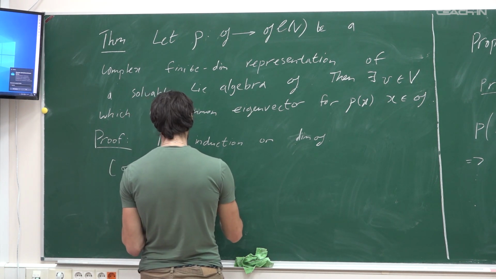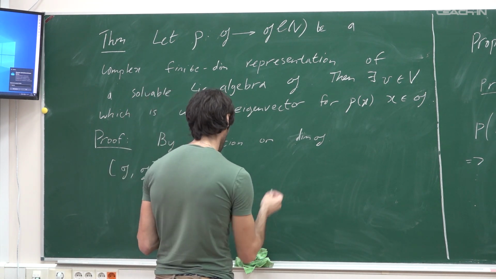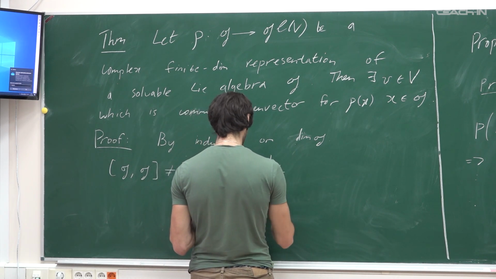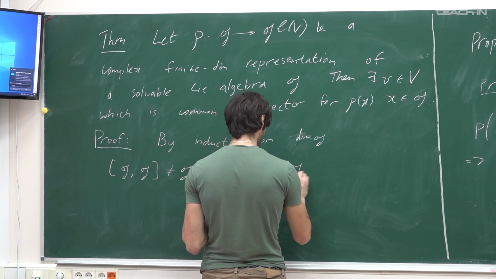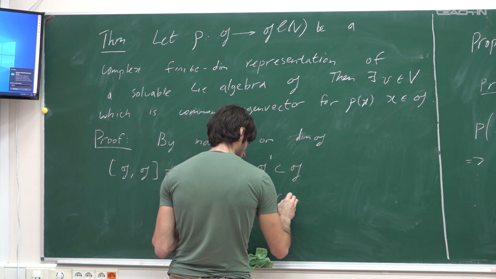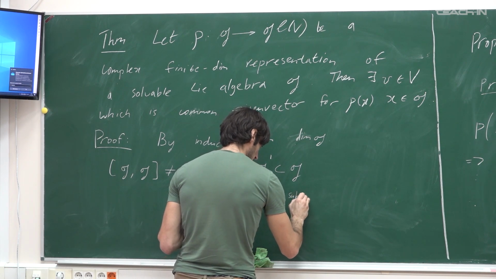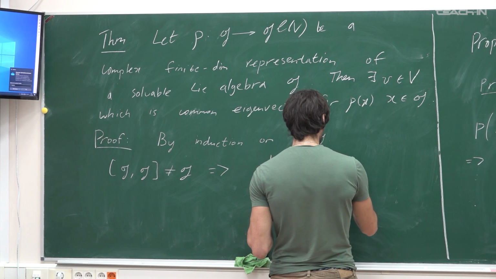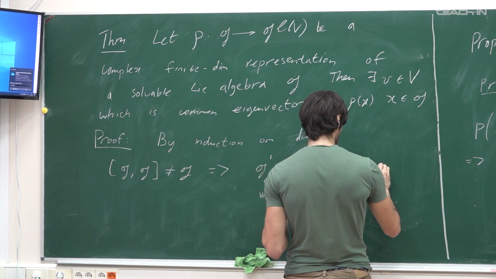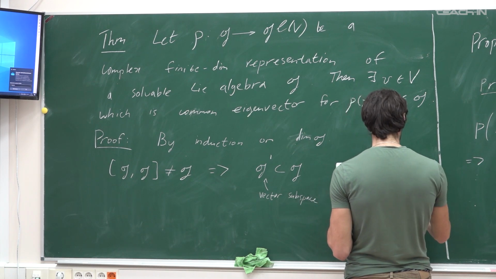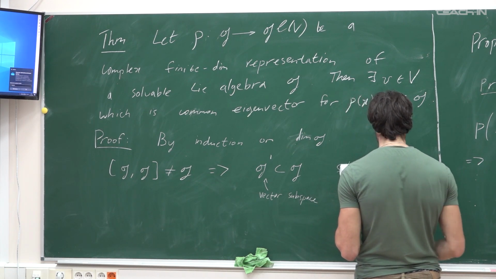So therefore I can find at least a vector subspace G prime such that the codimension of G prime is 1.